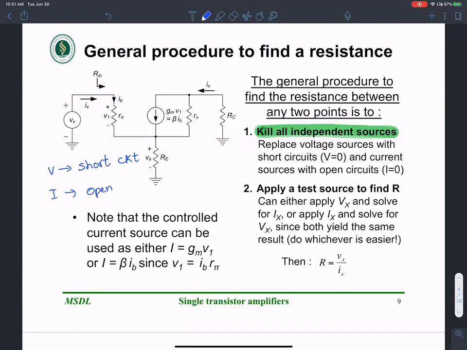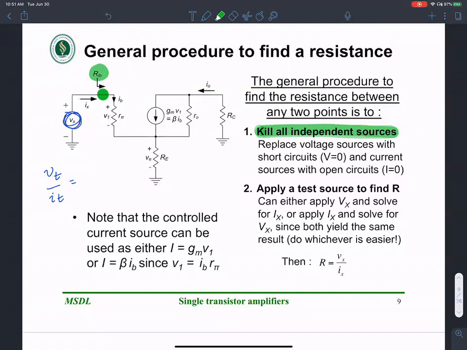Then you apply a test voltage, look at the test current, and obtain an expression for V test over I test. The idea is simple: if you want to find the resistance at a node, such as RIB, this is a generic procedure that will come in handy when you take advanced analog electronics courses.